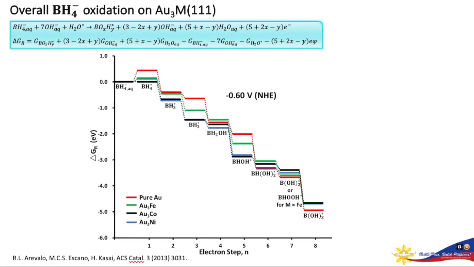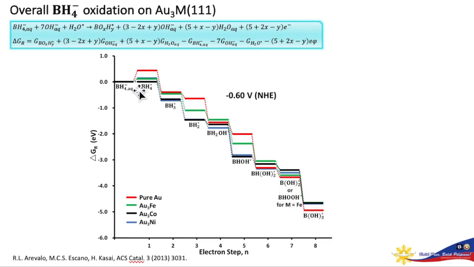Comparing the overall reaction of borohydride on pure gold and the alloy surfaces, here we see that at an electrode potential of negative 0.60 volt with respect to the normal hydrogen electrode, all elementary steps leading to the complete oxidation of borohydride to the final product proceed downhill in energy.